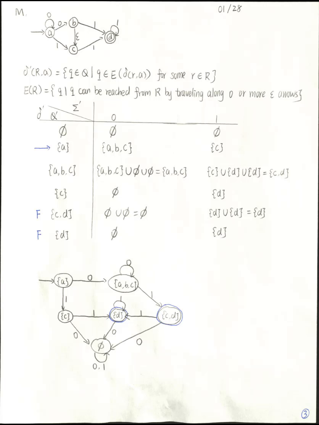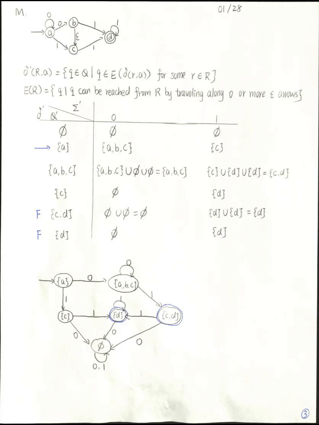Finally, we define the accept states. For this DFA, the accept states will be a set of states, where each state is itself a set of states. Each member in this F should contain at least one final state of the NFA. In this case, we only have D as the final state in the NFA, so any state that contains D will be a final state in this DFA.